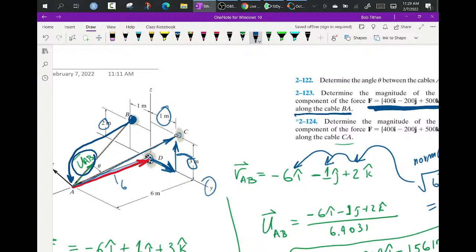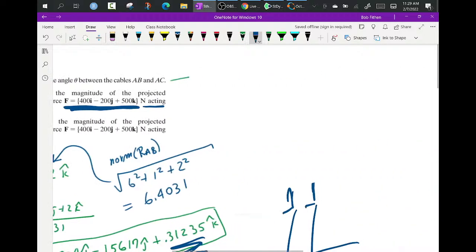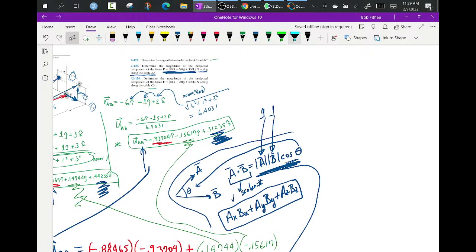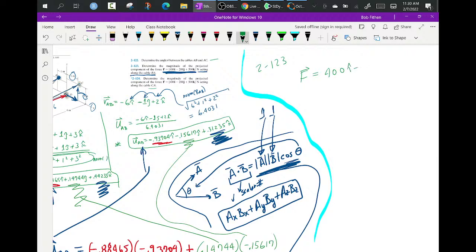And that's AB. Okay, so let's go over here and isolate ourselves away and say we're solving 122-123. So he says our force is equal to 400 i minus 200 j plus 500 k, I think.